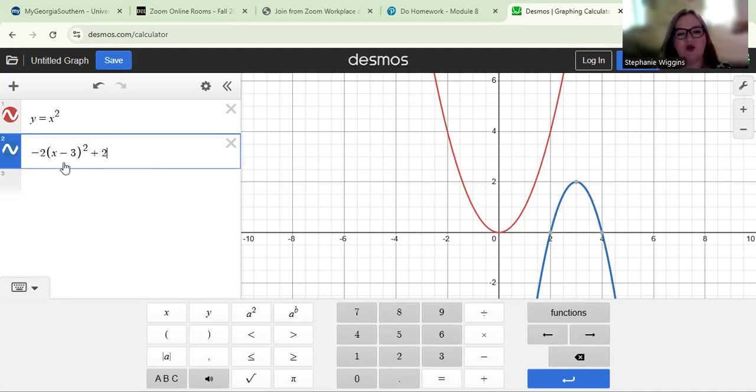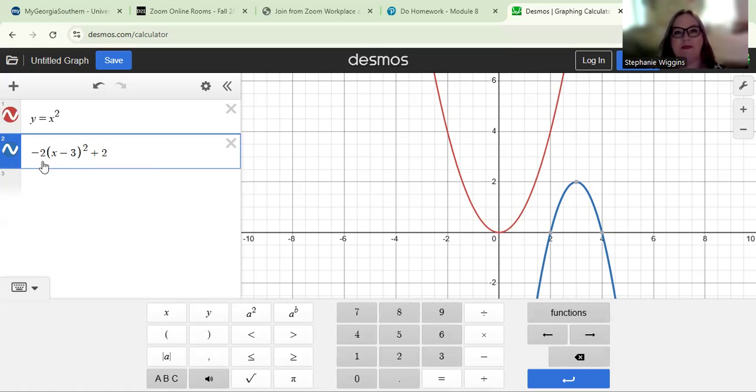Now we're shifting it to the right by 3 because we're subtracting 3 on the inside of the square. And on the outside, that's going to give us a vertical shift. We're adding 2, so it's going to go up 2. So you're going to shift to the right 3 and up 2, and then you're going to stretch it by a factor of 2. So everything that would have been at a height of 1 is now going to be at a height of 2. Anything that would have been at a height of 2 is now going to be at a height of 4. So it's stretched vertically, and the reason is that the 2 is on the outside.